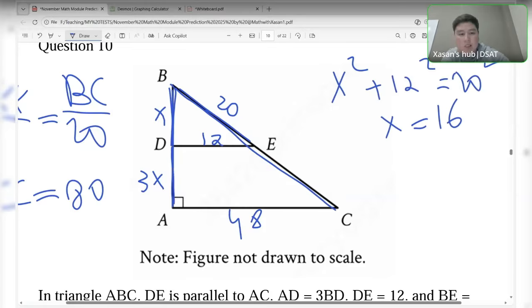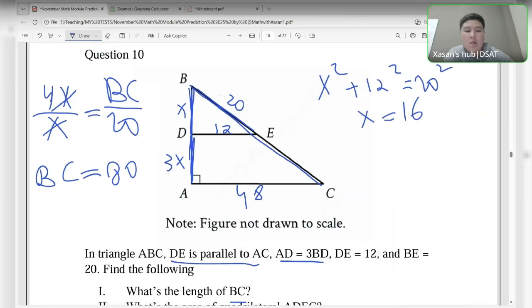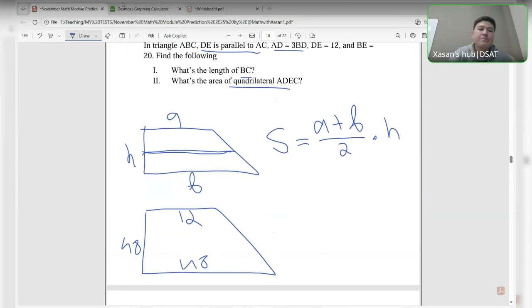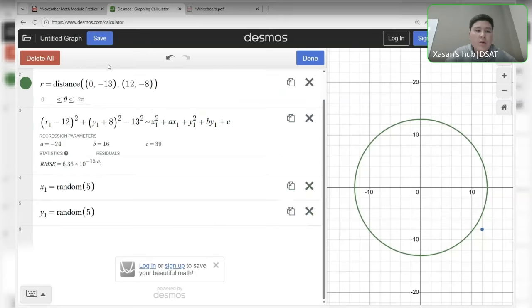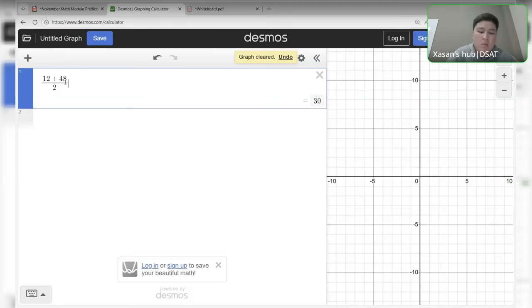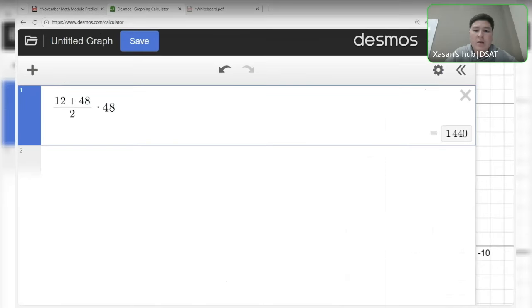So the height is also 48. In the trapezoid, this is 12, 48, and then the 48. I'm going to use the formula here. So area equals (12 plus 48) divided by 2 multiplied by 48. That's all. 1440, guys, is the final answer here.